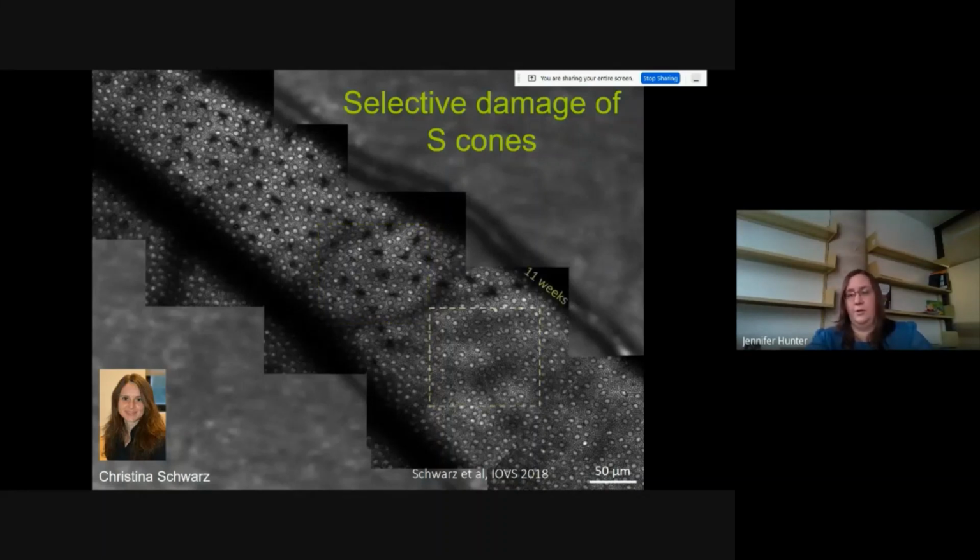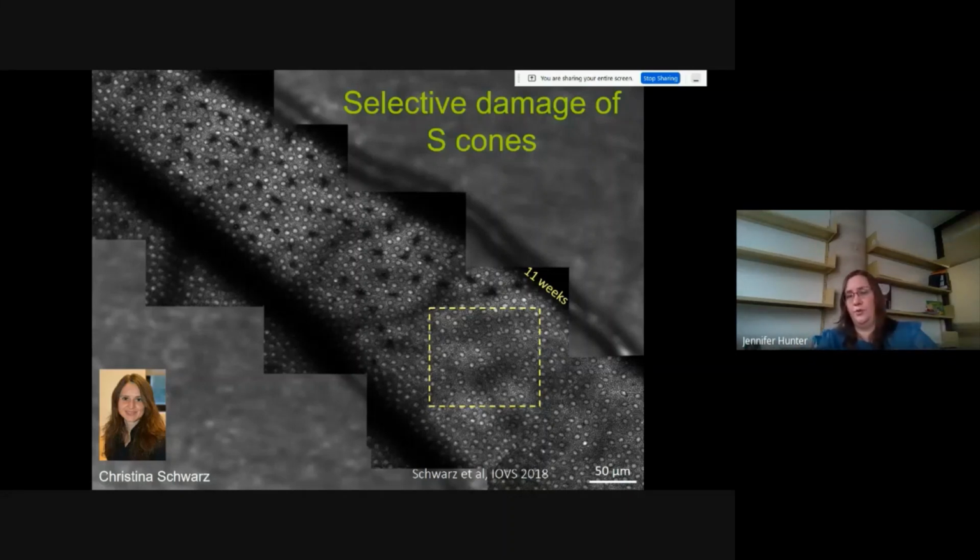And although it may look like a control location, 11 weeks later, we can see in the lower right a contiguous mosaic. But if you start to look carefully, you can actually see where there looks like there maybe should have been a cone in this space, possibly a cone should have been here. You can start to see where cones may have dropped out and the rods have come in and filled that space.